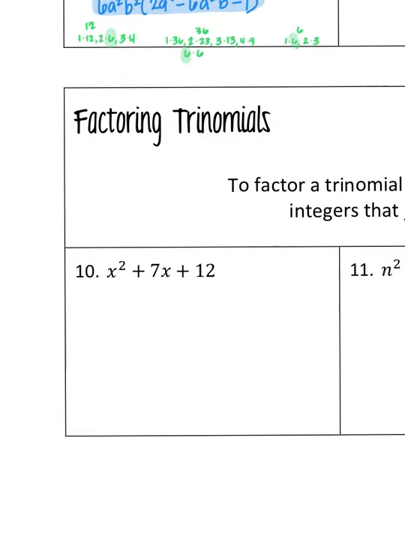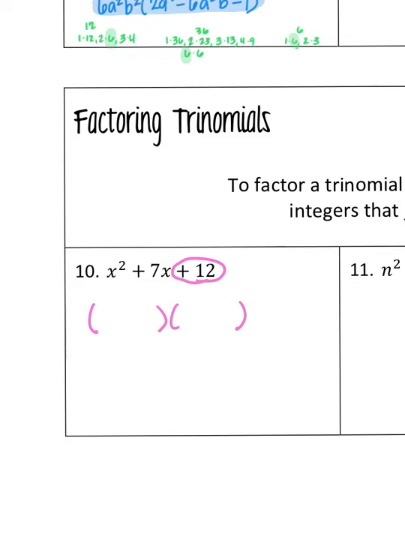So let's look at this first one. And remember, I always just put my 2 parentheses down. So I'm looking for 2 numbers, or 2 factors, that multiply together to give me a plus 12, but add up to give me 7.